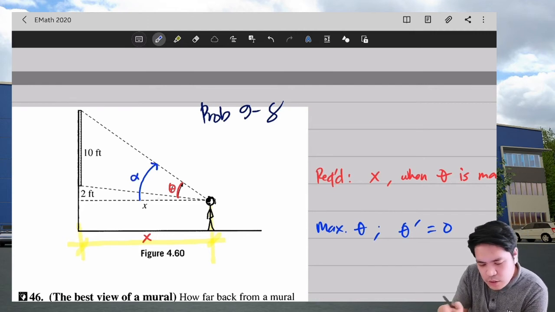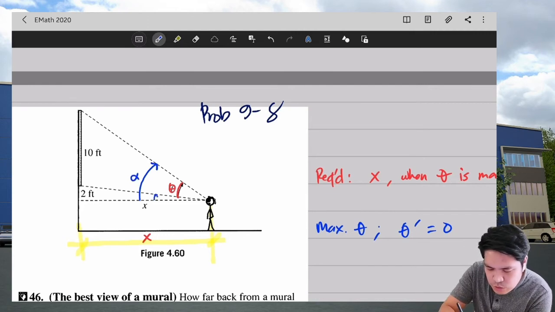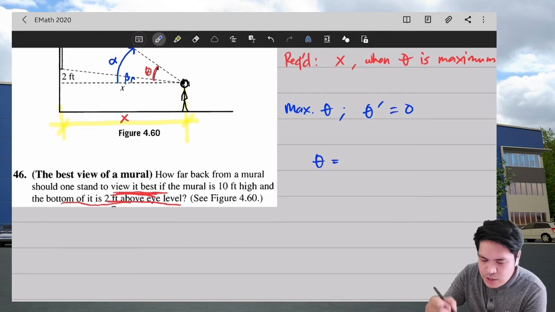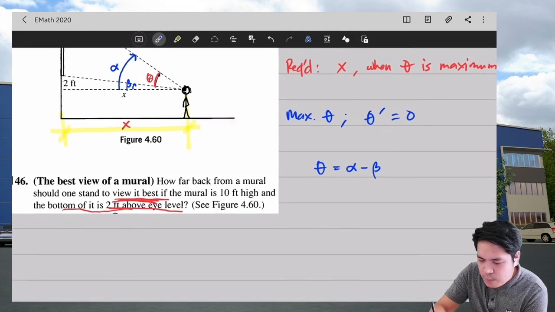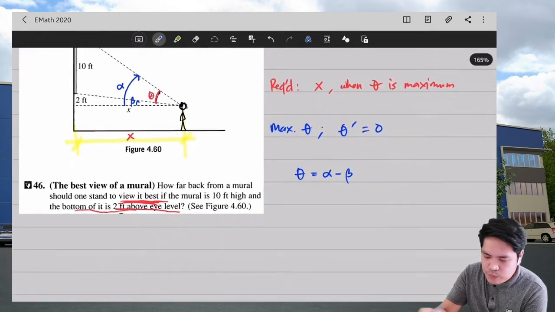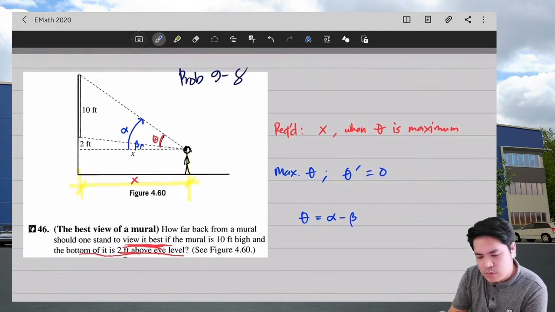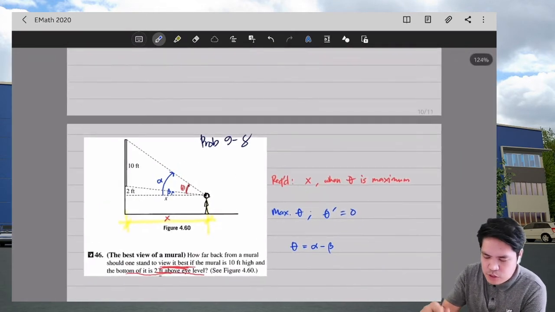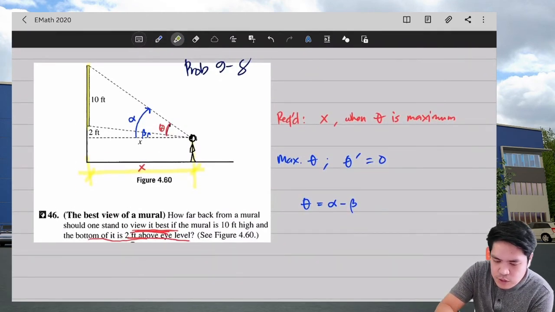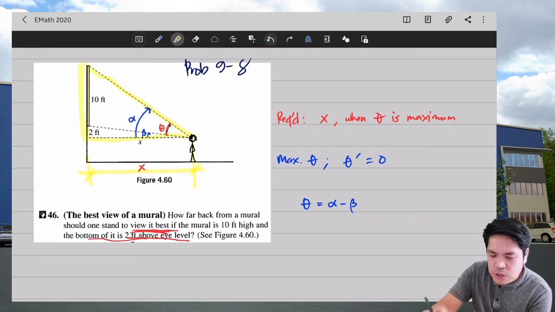And from the line of sight to the bottom of the mural, let's call that beta. So therefore, we say theta is just simply alpha minus beta. Okay? Alpha minus beta. Now, we can just use tangent, because if you notice our triangles, the involved sides are the opposite and the adjacent. We don't have a hypotenuse. So let's just use tangent.